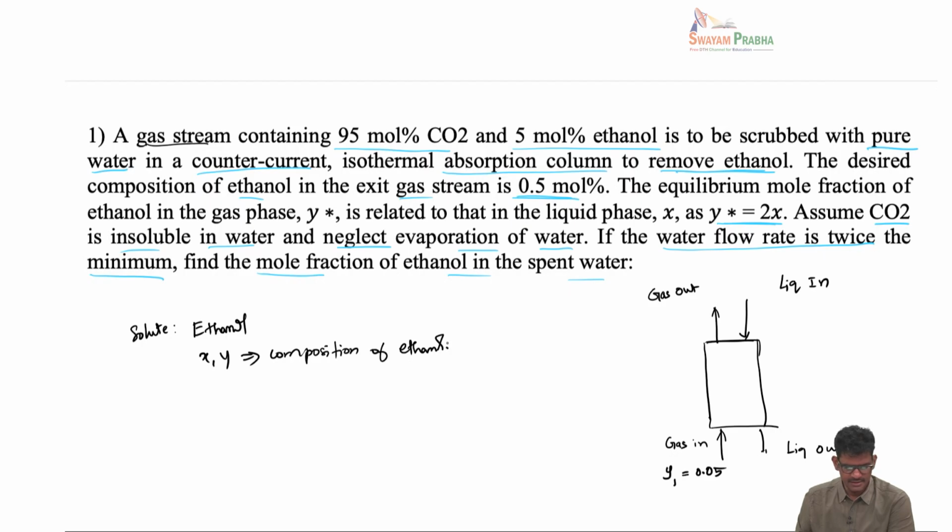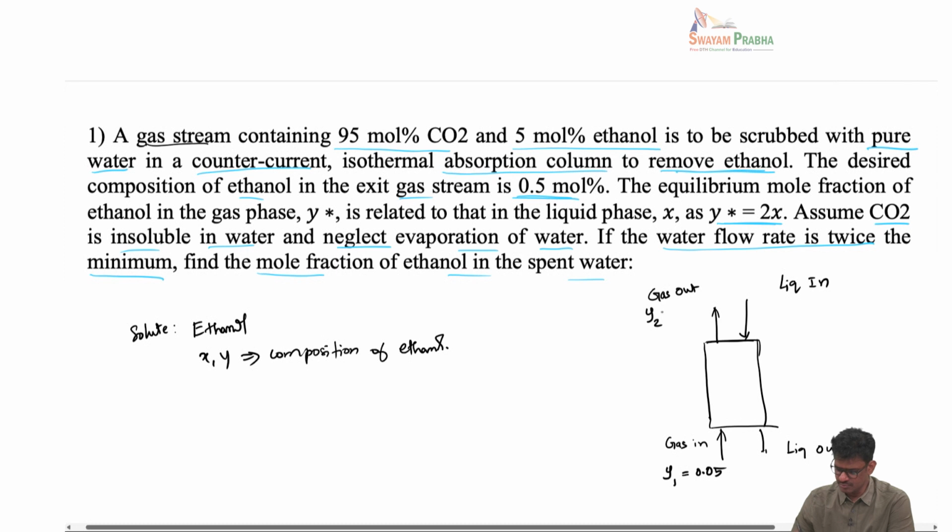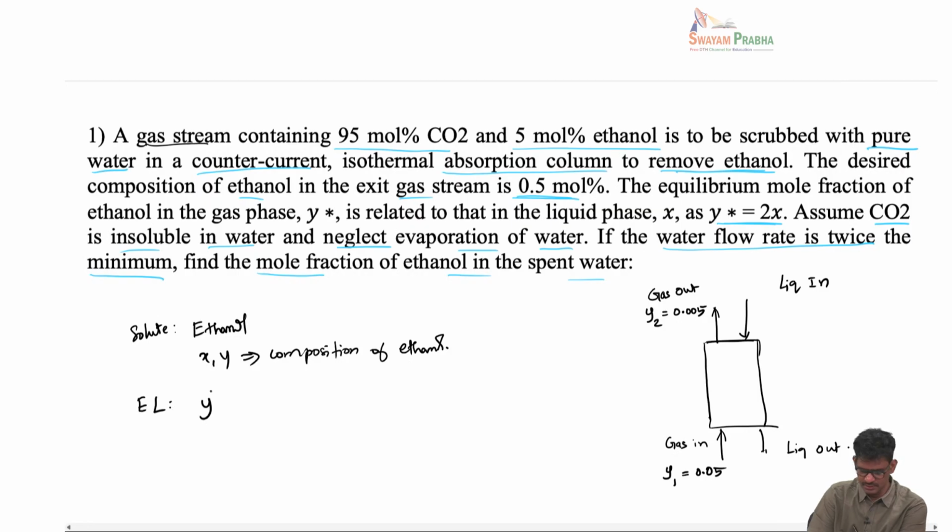And then the desired composition of ethanol in the exit gas, that is Y2, is 0.5 mole %. So that means 0.005. And the equilibrium line is also given.